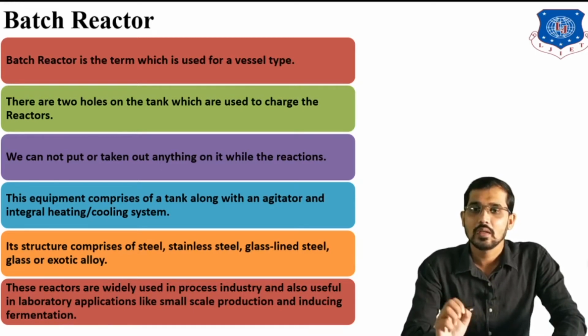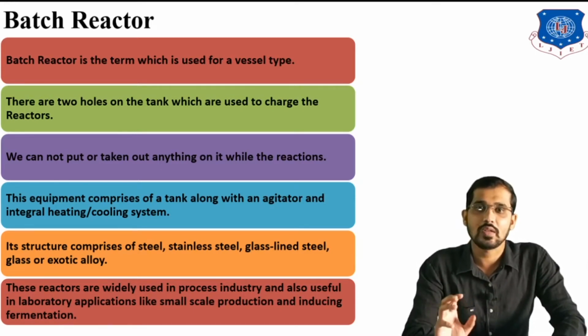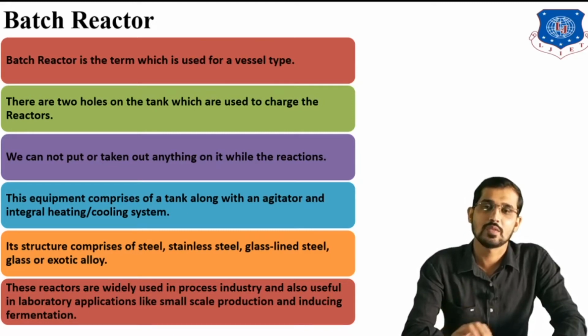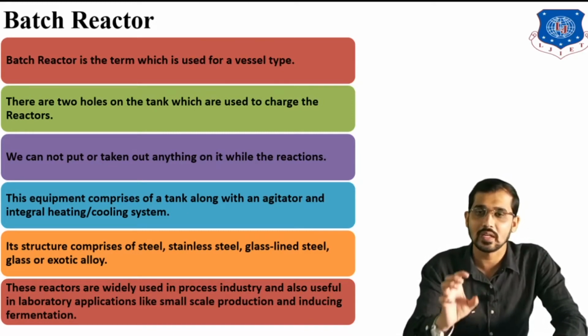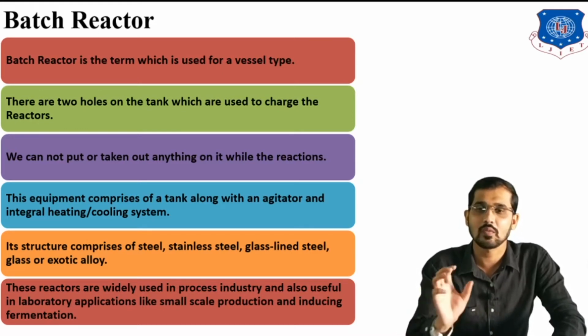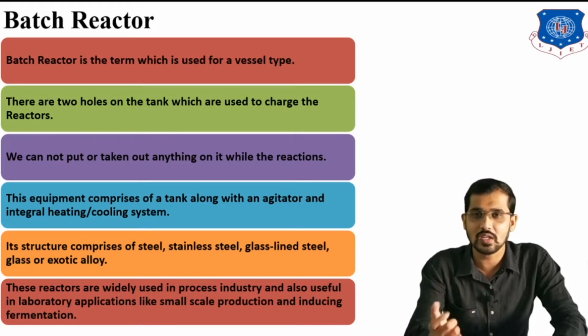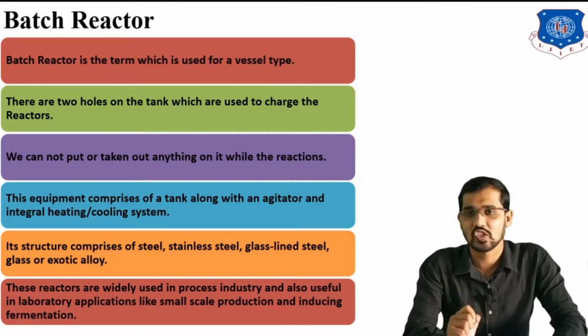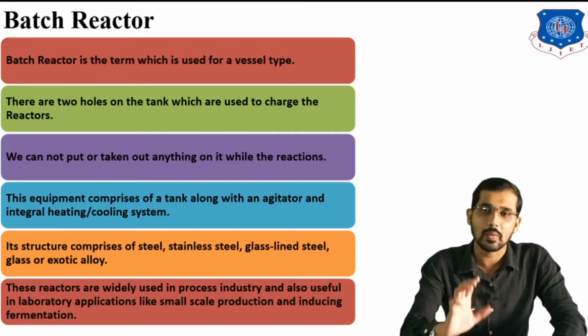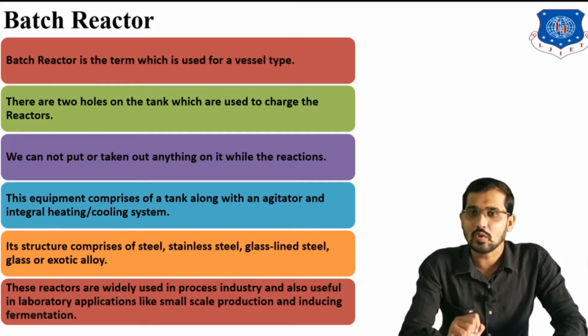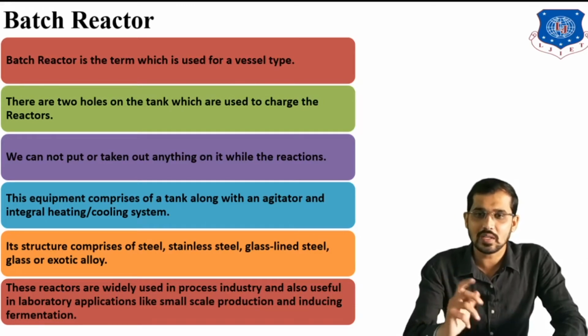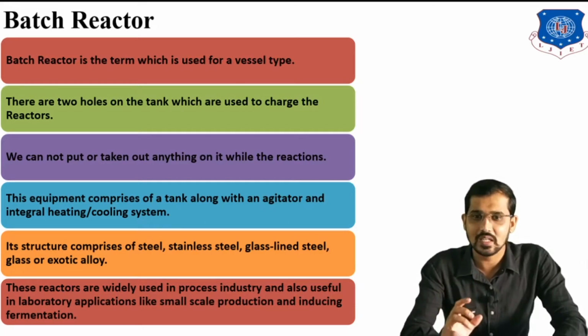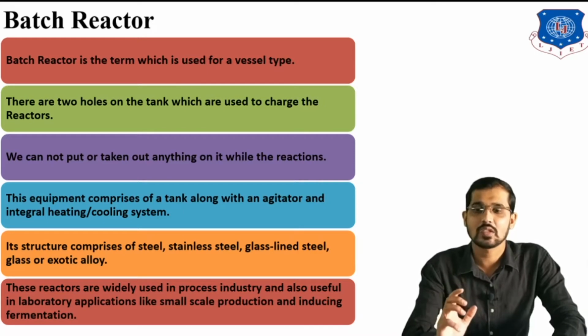Next point, this equipment comprises a tank along with an agitator and an integral heating and cooling system. It means the batch reactor consists of an integral heating and cooling system. This is nothing but a type of jacket. There may be a cooling jacket or a heating jacket available in the batch reactor. That is the internal part of the system. Next point is its structure comprises steel, stainless steel, glass lined steel, glass and exotic alloys.